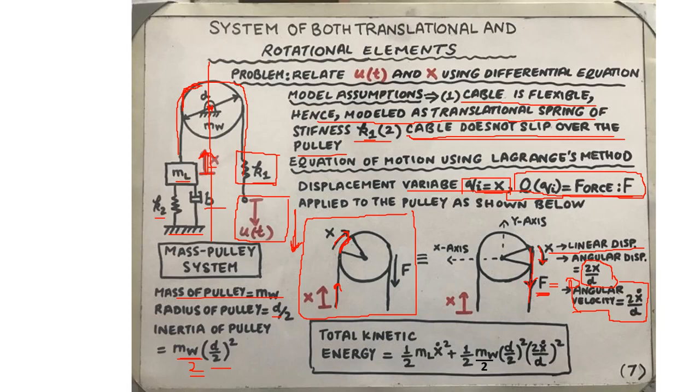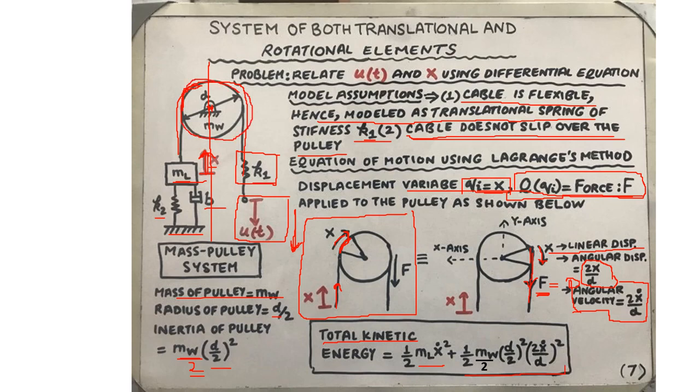So now we're ready to write down the expression of the total kinetic energy of the system. In this system, there are two components or two elements which exhibit mass and the moment of inertia. The first one being m1, which has purely translational kinetic energy in the vertical direction. So that will be half times m1 x dot square. The other component of kinetic energy is due to the rotational motion of the pulley.